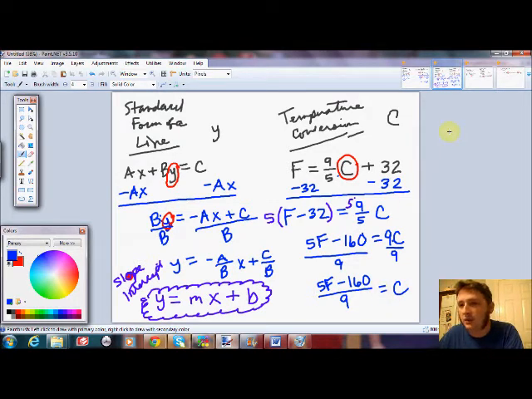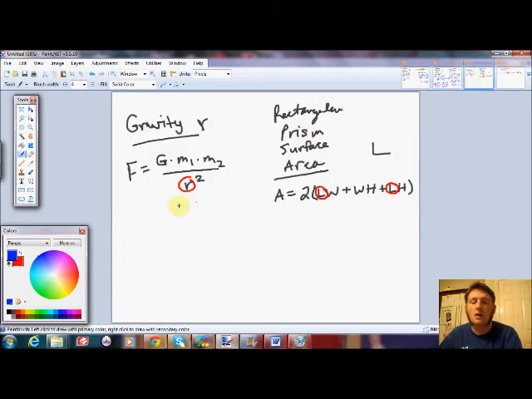Alright, let's look at a couple that are a little tougher. Here's the way gravity works mathematically, according to Sir Isaac Newton. It was kind of a big deal. The force of gravity is equal to a constant, this is just some number, G for gravity, times the product of the two masses involved.